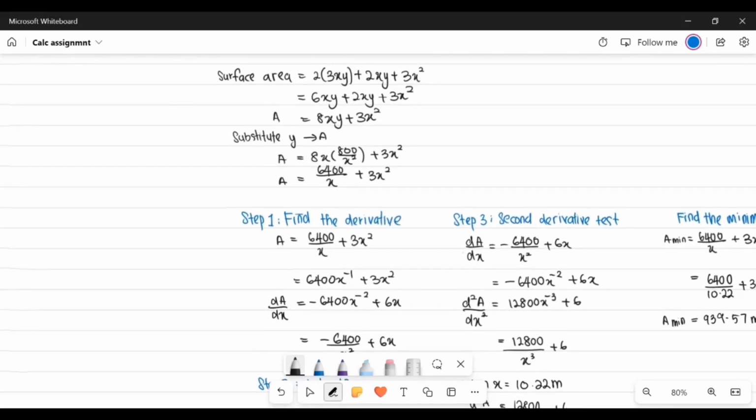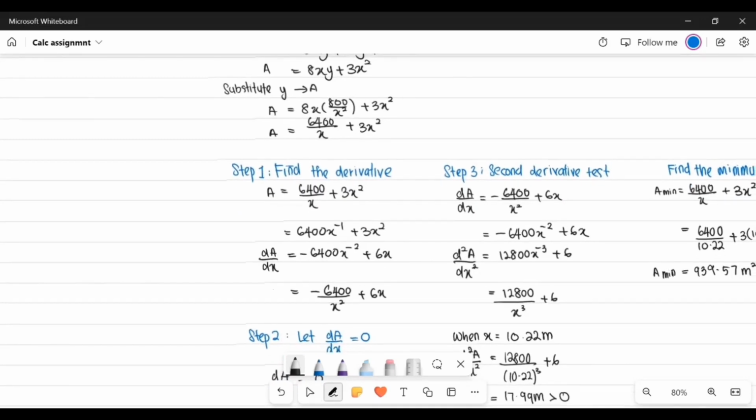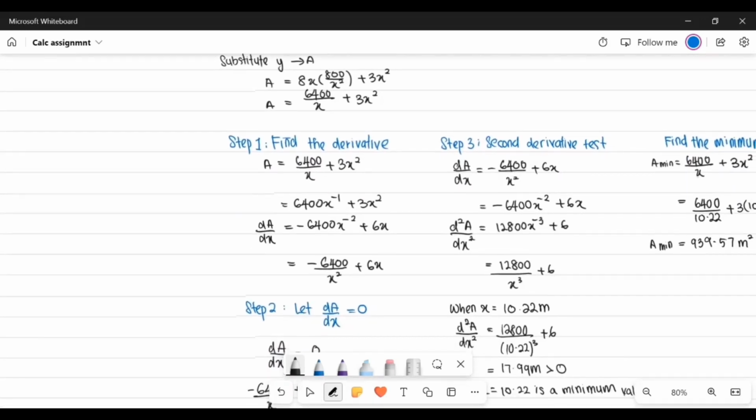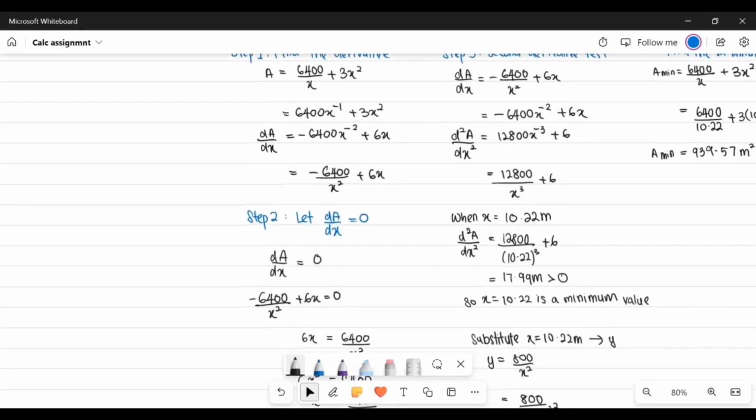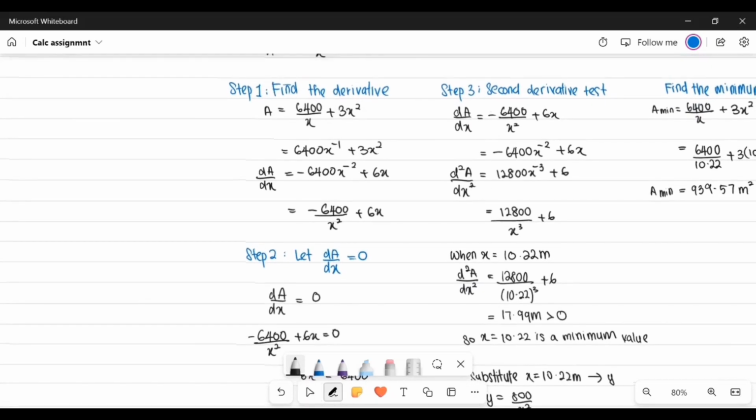Okay, so from the surface area formula, we will find the derivative. You will get negative 6,400 divided by x squared plus 6x. And then for step 2, let dA over dx equal to 0.